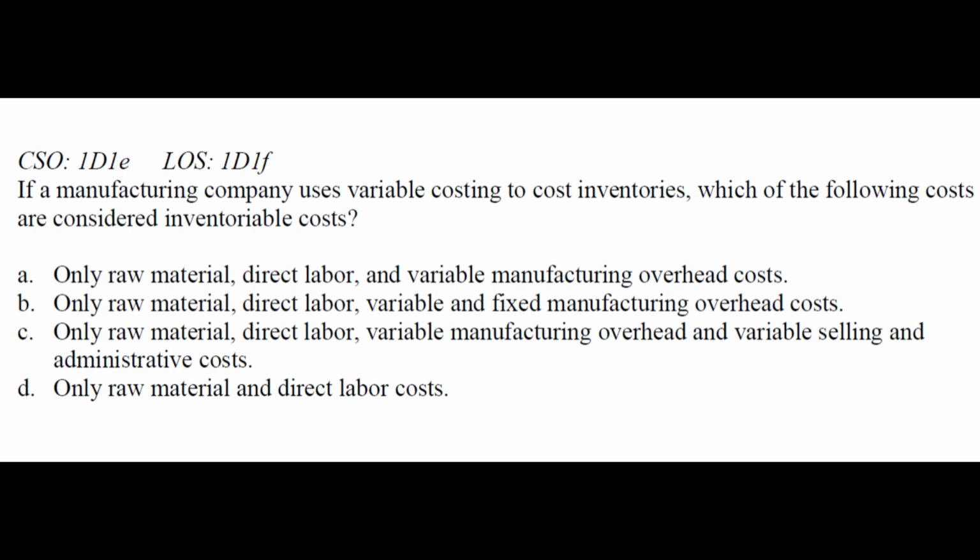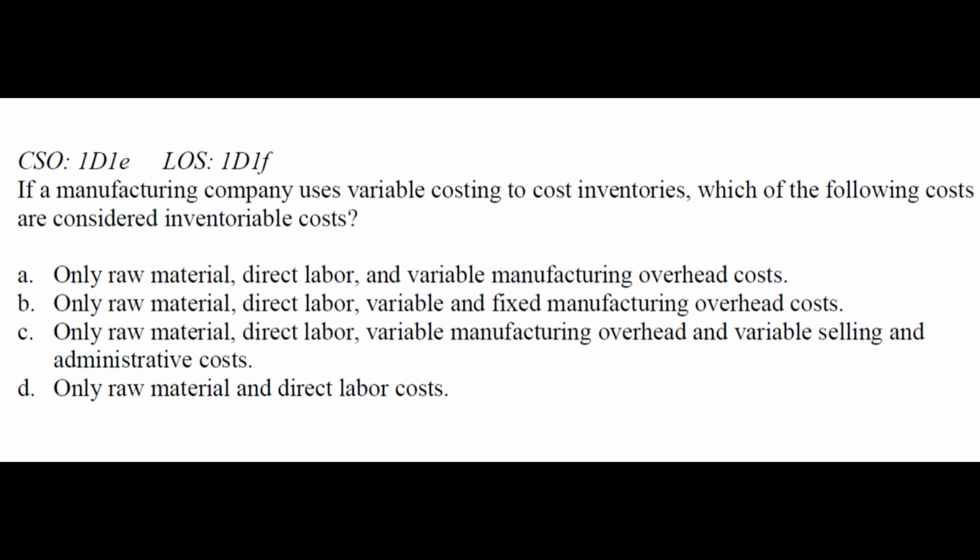C. Only raw material, direct labor, variable manufacturing overhead and variable selling and administrative costs. Incorrect. Variable selling and administrative costs are period costs, not inventoriable costs. D. Only raw material and direct labor costs. Incorrect.